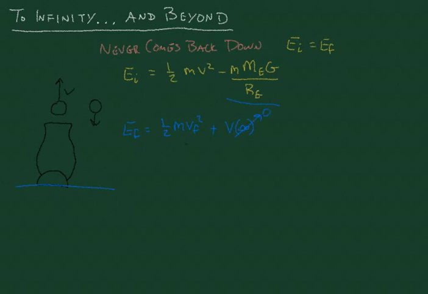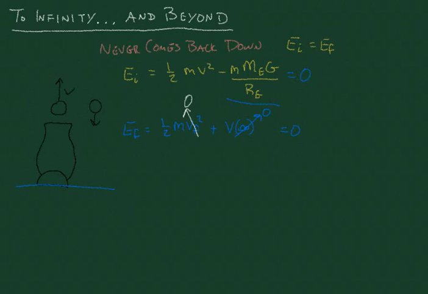And also notice that what we're really saying is we just want it to be able to get to infinity, so it can get all the way to infinity and then have no velocity there. So we'll also set this term equal to 0. In other words, if our final energy is 0, that also means that our initial energy is 0.